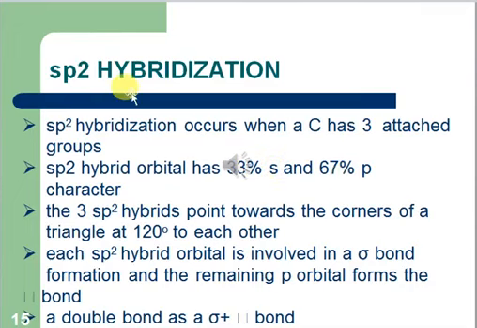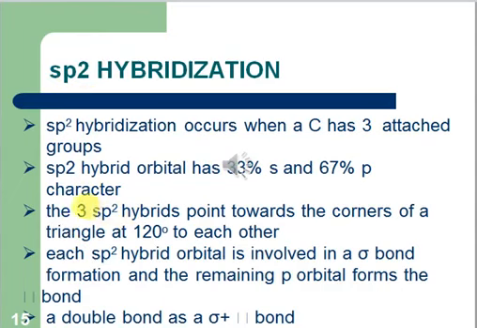So the bonds that are formed by sp2 hybrid orbitals are shorter than the bonds that are formed by sp3 hybrid orbitals. Always remember that when a bond is formed by sp2 hybrid orbitals, it is shorter and stronger than a bond that's formed by sp3 hybrid orbitals.